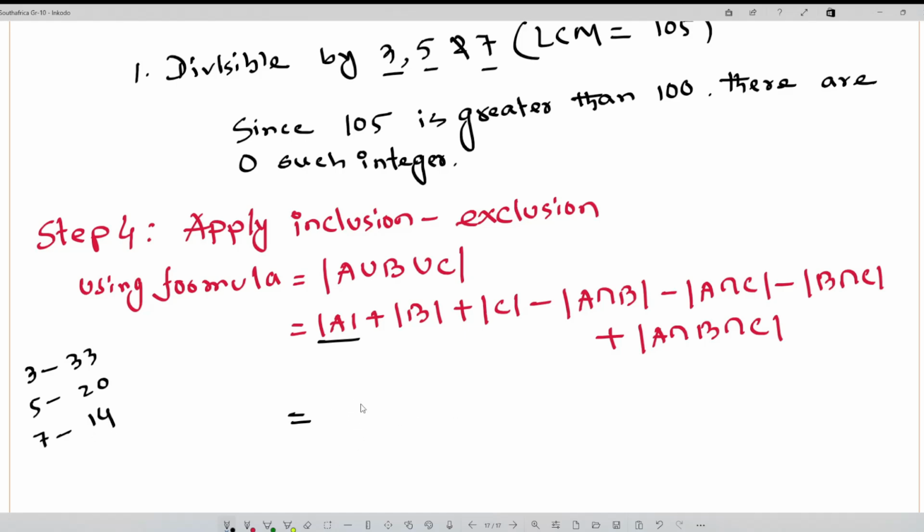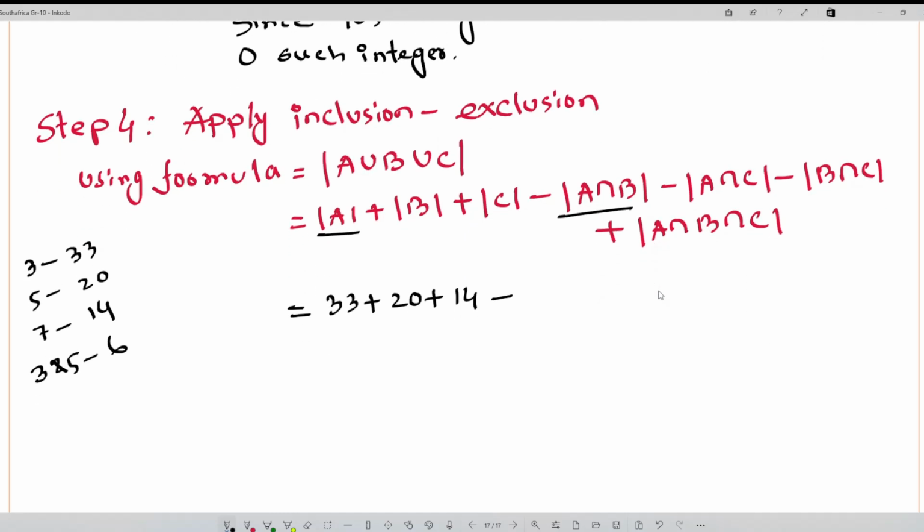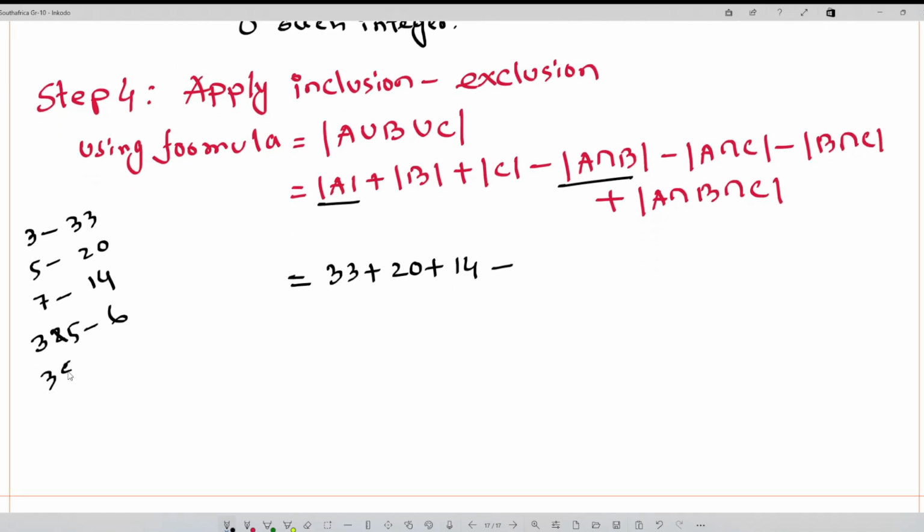So we can write here 33 plus 20 plus 14 minus A intersection B. It means 3 and 5, we get 6, then 3 and 7, we get 4, and 5 and 7 we get 2, and 3, 5 and 7 we didn't get anything.